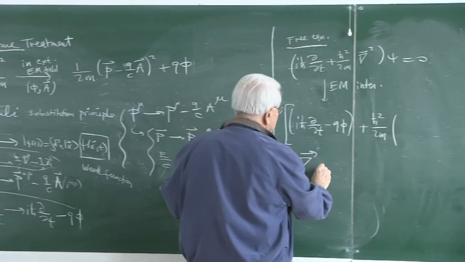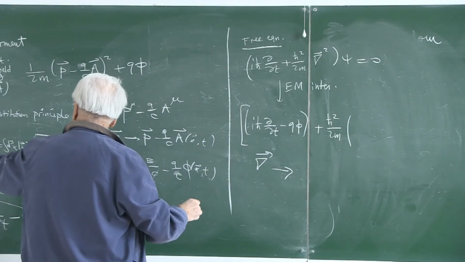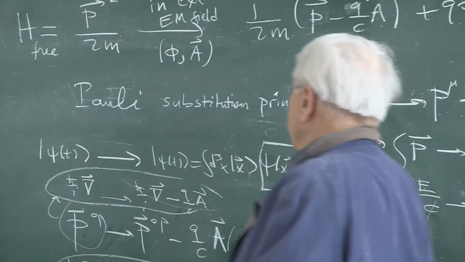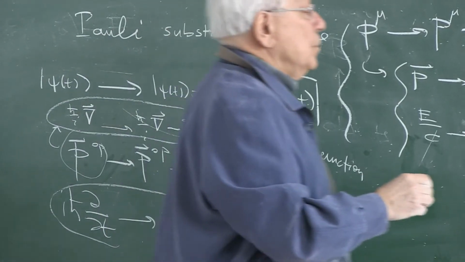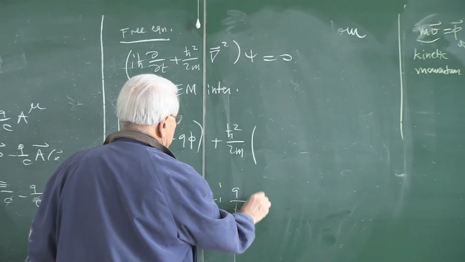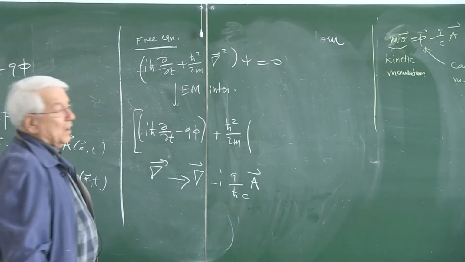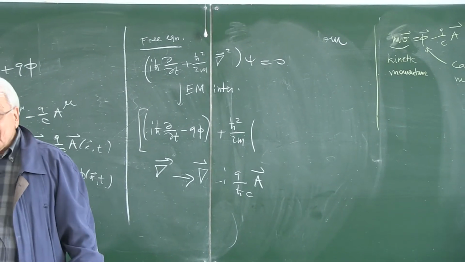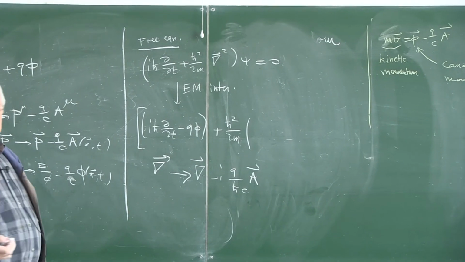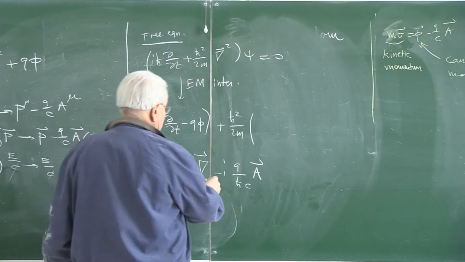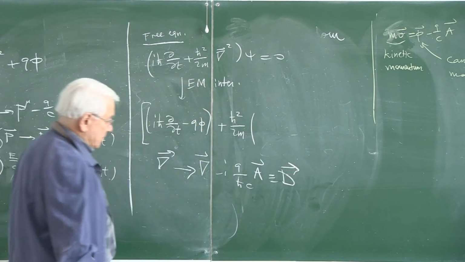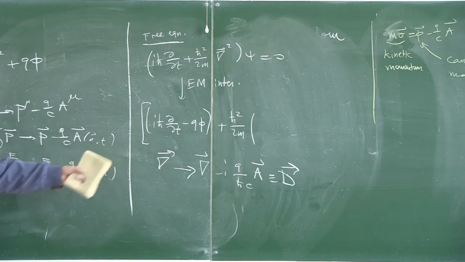That replacement is del goes to del minus i q over h bar c A. So I'm motivating ourselves towards the introduction of the so-called covariant derivative. From the Cartesian derivative, we have gone to something which I denote as D, the covariant derivative. That's the substitution principle.